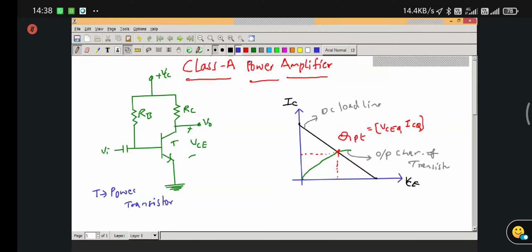This one is the IC maximum value. This is the VCE maximum value.